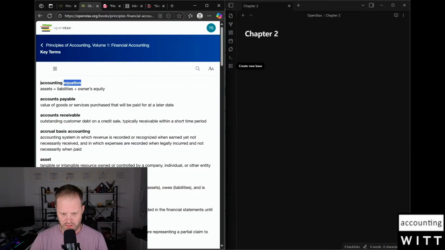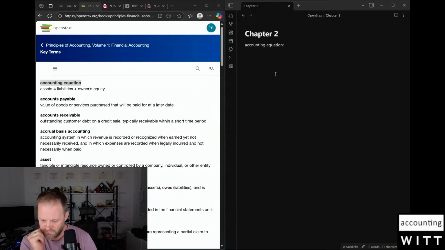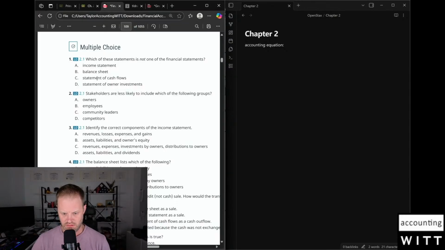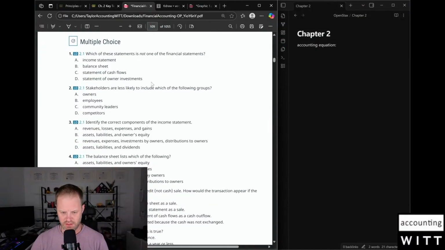If I wanted to explain what this term meant using my system, the accounting equation, I'm supposed to be using the PDF so that I can take notes.